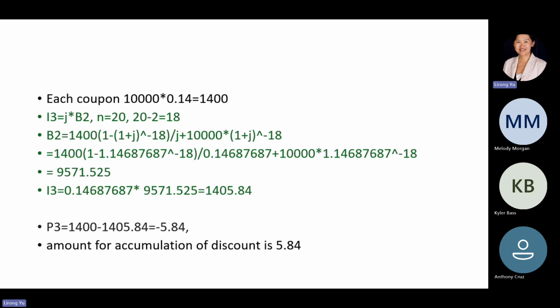The total coupon is 1,400 minus the interest. That's your P3. You can see P3 is negative. The reason it's negative is that the book value is an increasing function, so we're taking a small number minus a big number. But the amount of the discount amortization is the positive 5.82. That's the whole calculation. For I_t and P_t, you only have to calculate one.